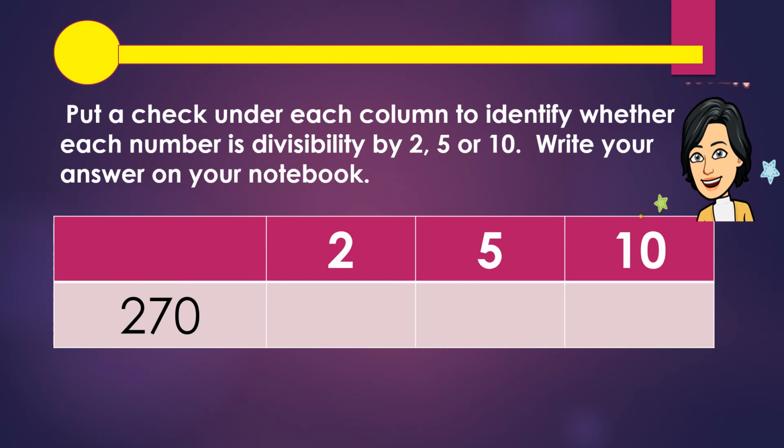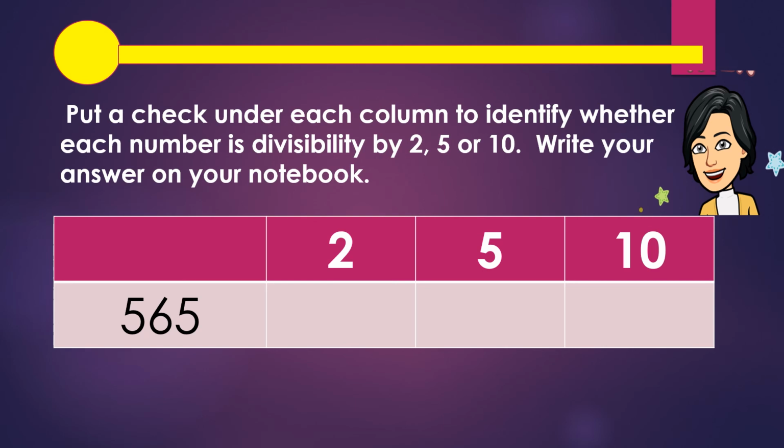Is it divisible by 2, 5, or 10? What's your answer? Okay, the last digit is 0. Therefore, if the last digit is 0, it is divisible by 2. Also 10 and 5. Okay, very good.